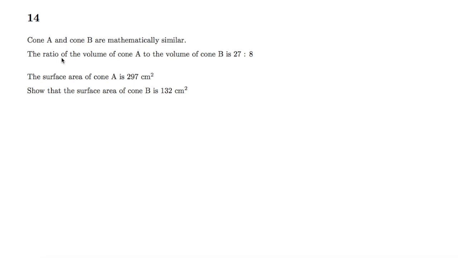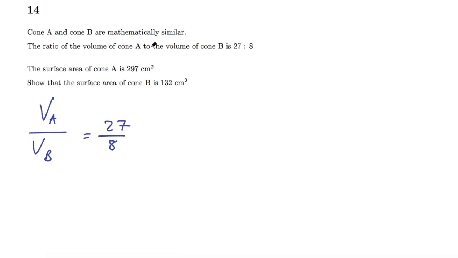So we know the ratio of the volumes, so we can say that the volume of A over the volume of B equals 27 over 8.